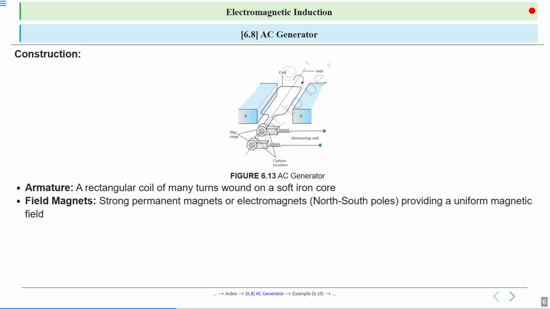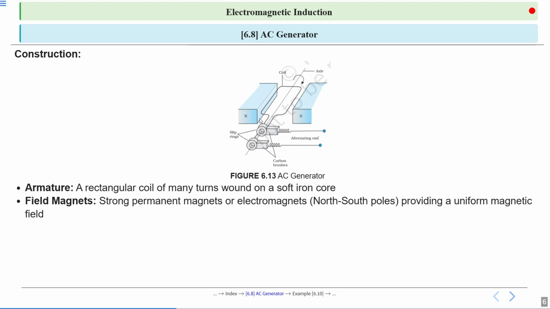Field magnets. These magnets used are permanent magnets or electromagnets. Strong permanent magnets or electromagnets having north and south poles provide a uniform magnetic field. So between these poles, the magnetic field is uniform.